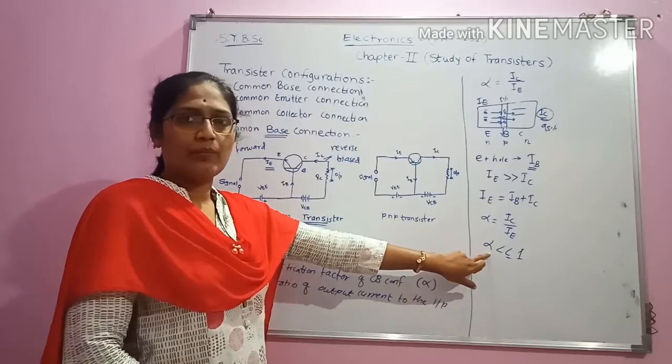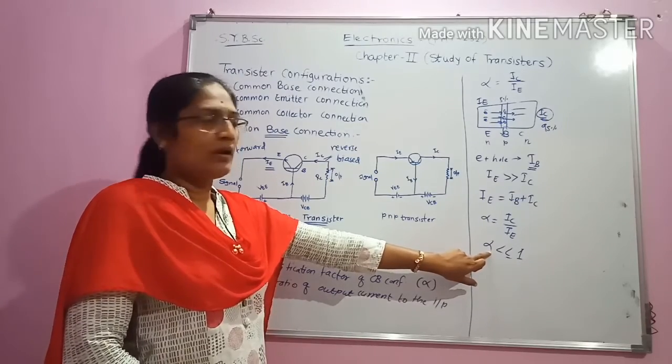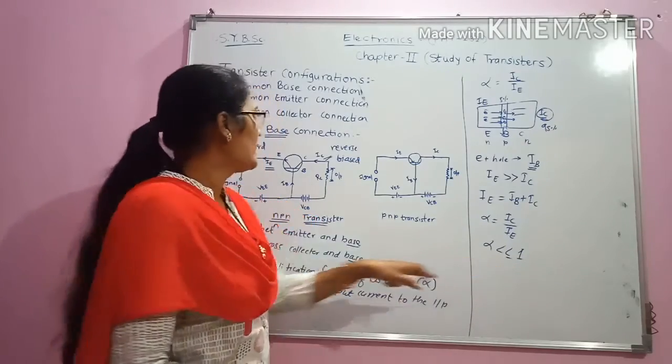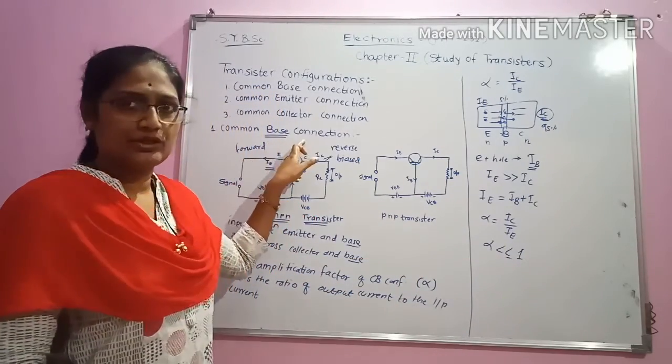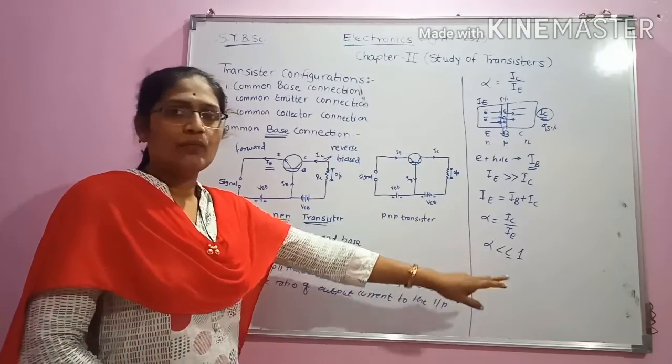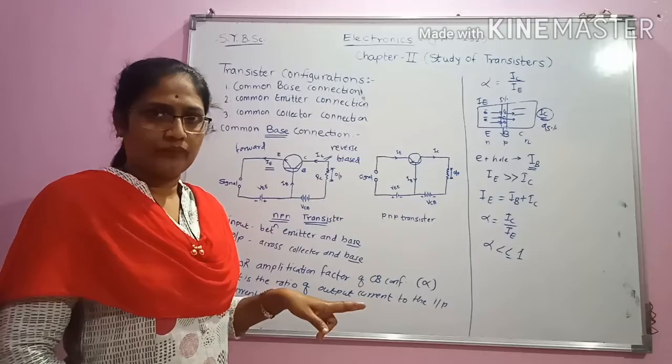So the value of alpha, that is amplification or gain, will not be greater than 1 in case of common base connection. In case of common base connection, the value of gain will always be less than 1.